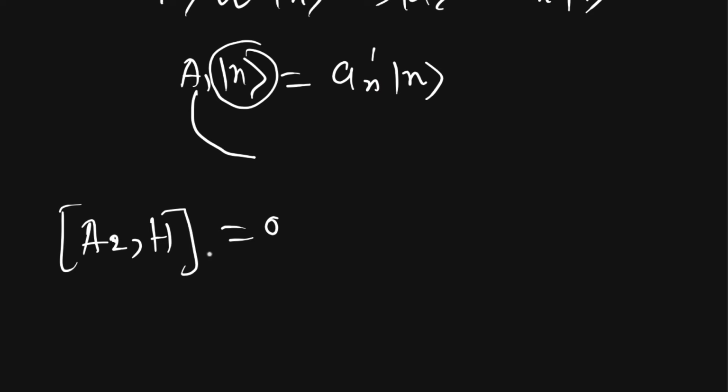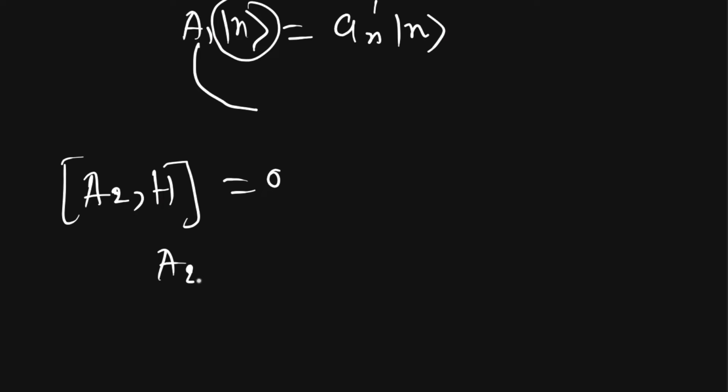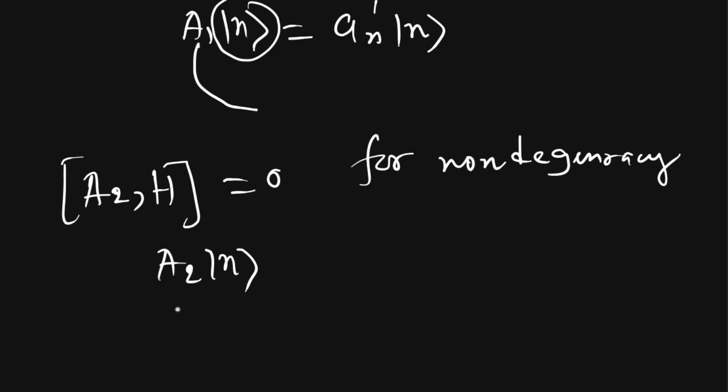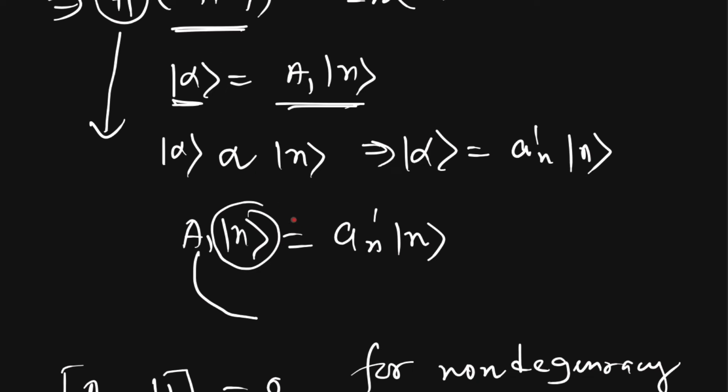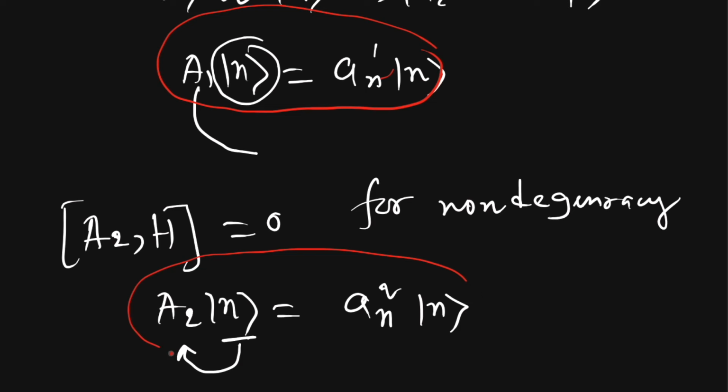So for non-degeneracy, we need that A2|n> is equal to a2|n>. This |n> is also an eigenket of the operator, but if the non-degeneracy of H holds, then this relation and this relation hold.